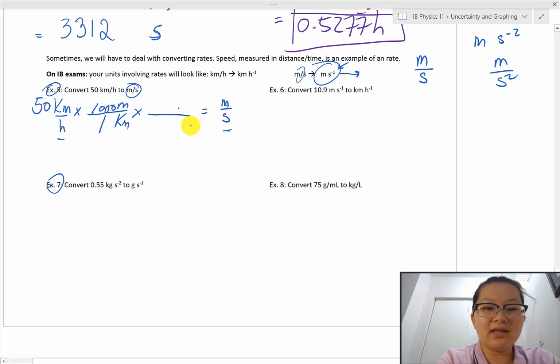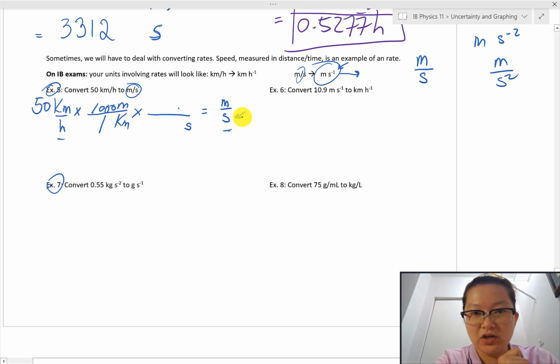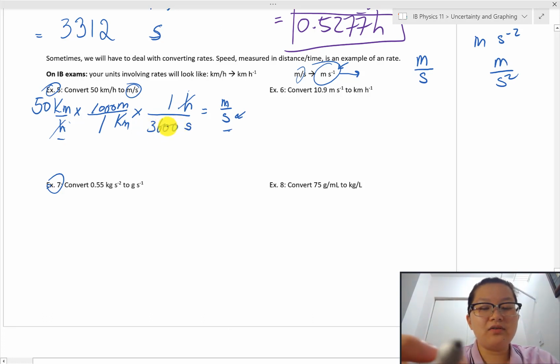I want seconds to remain on the bottom because that's what the answer shows, and I want hours on top, because hours on top and hours on bottom will cancel. How many seconds are in 1 hour? 3,600. So notice I have kilometers canceling, hours canceling. I'm left with meters on top, seconds on the bottom, meters per second.